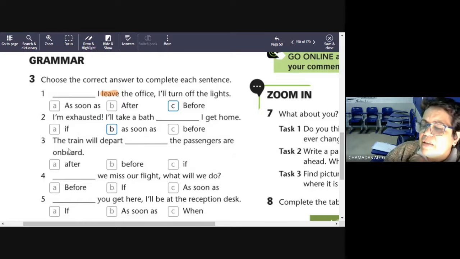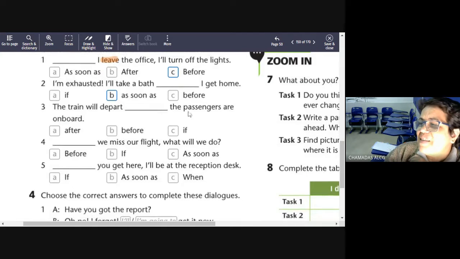Number 3, the train will depart. The passengers are on board.